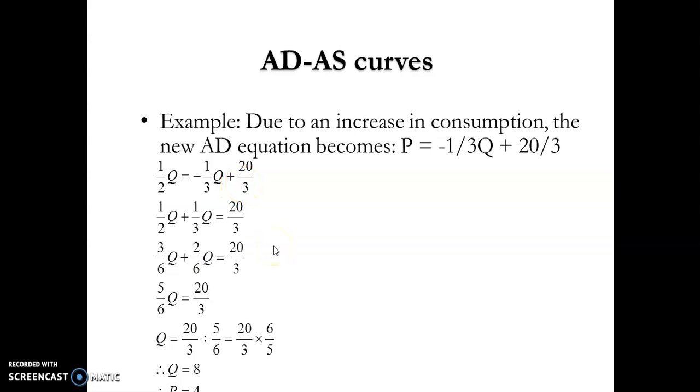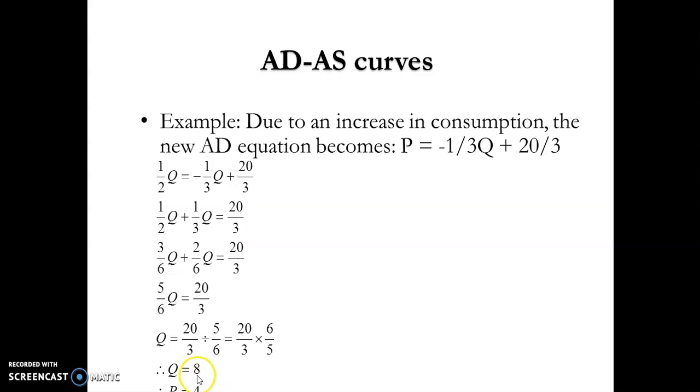You can now solve for Q in the same way that you did previously by taking minus a third Q over to the left-hand side and solve for Q by finding your lowest common denominator and add the numerators. And then you can solve for Q similarly to the previous problem, and Q is equal to 8.